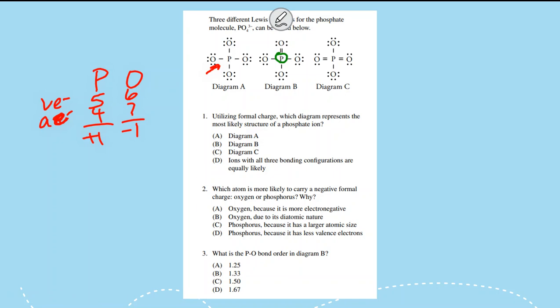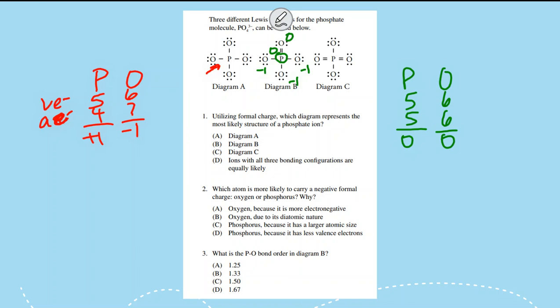That one is going to be 5 and 5, so that one goes to 0. And then these 3 oxygens we all know are -1s because they're the same as this one over here. But the other oxygen, the one with the double bond, is going to be 6 and 6, so that's 0.